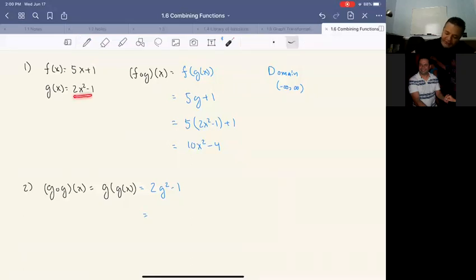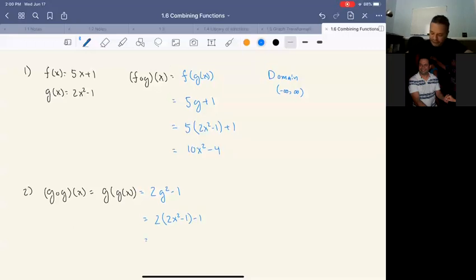G is again 2x squared minus 1. So 2 times 2x squared minus 1, minus 1. And then do a little bit of algebra magic. 4x squared minus 2 minus 2 minus 1. So 4x squared minus 3. And the domain is again negative infinity to infinity.